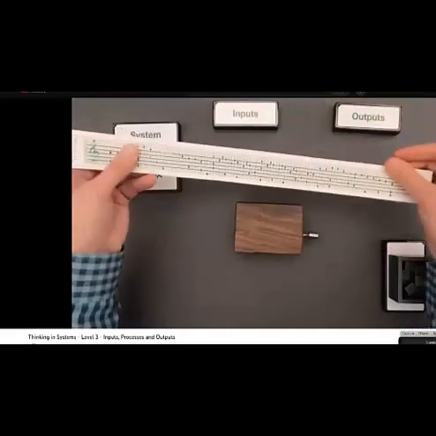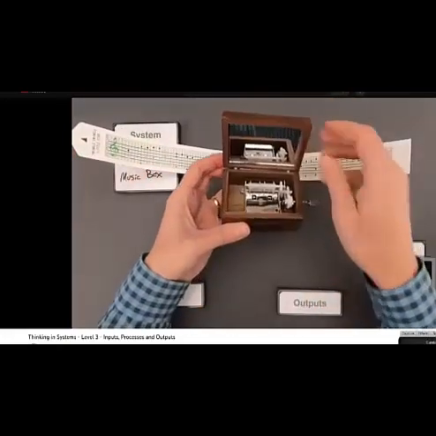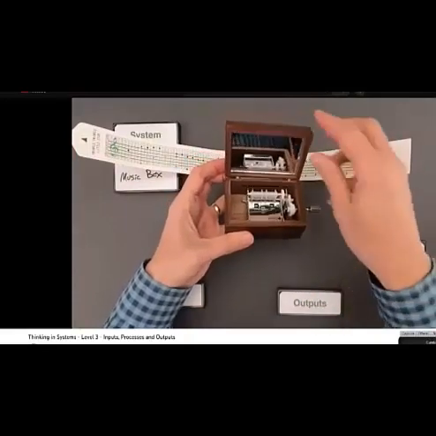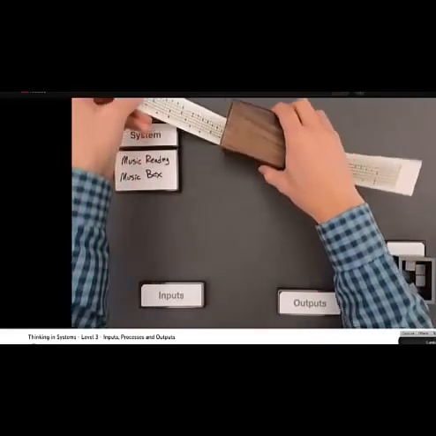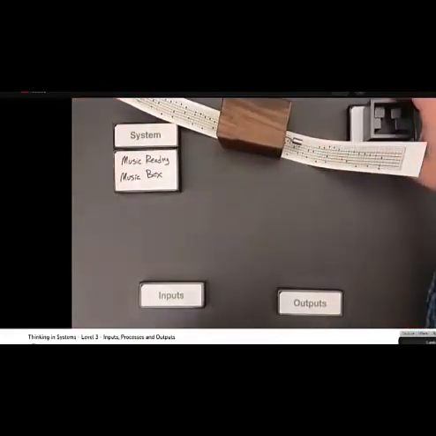All right, so the paper is a part of the system. Also on the inside of it, you can see there's some gears and there's a comb that's reading the music as it goes through. So that's going to be the system that we're going to dig into.